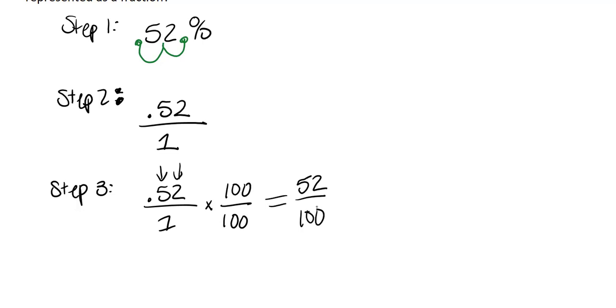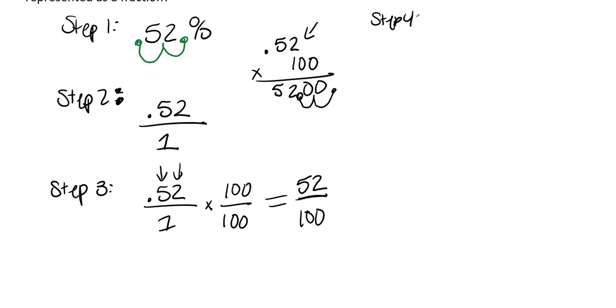Now, anytime we multiply a number by 100, we can just move the decimal to the right 2 times. Or you can also show this like this. So 0.52 times 100. The zeros go below. 1 times 2 is 2. 1 times 5 is 5. We're going to go ahead and move the decimal over 2 places because we have 2 decimal places to account for. So it's 52.